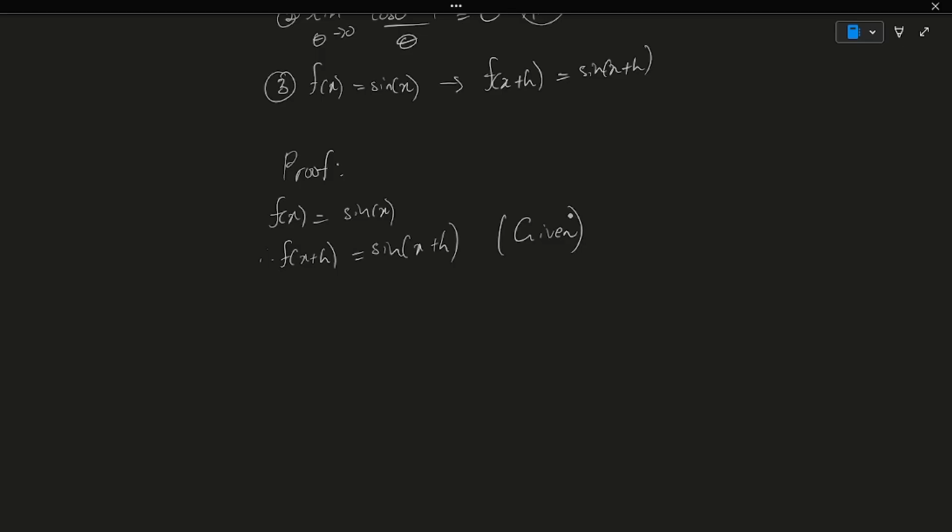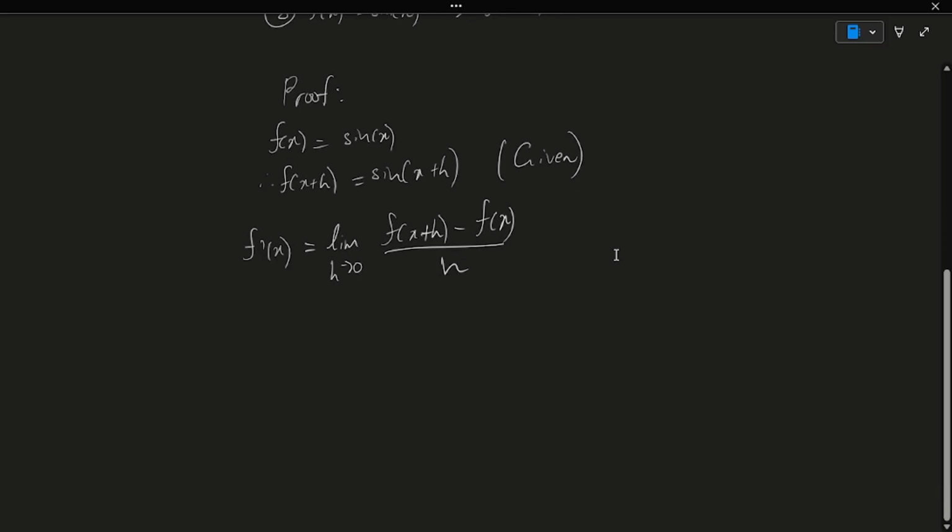So if that is given, we can now continue with our proof and say, therefore f prime x, which is the derivative of a function from first principles, is the limit as h approaches 0 of f of x plus h minus f of x, all divided by h. So this is how we find the derivative of a function from first principles.